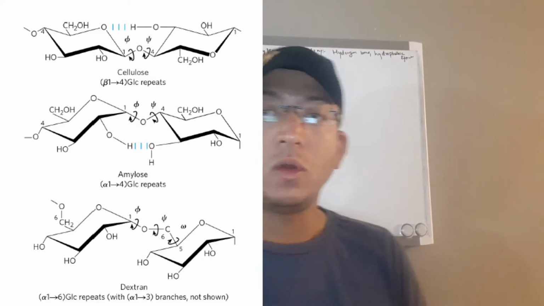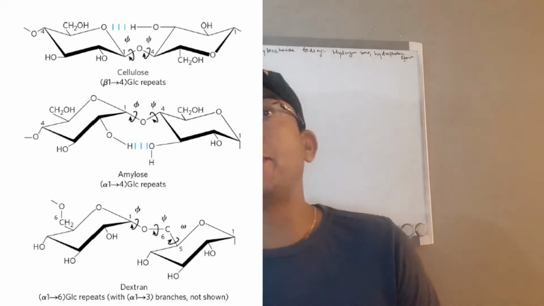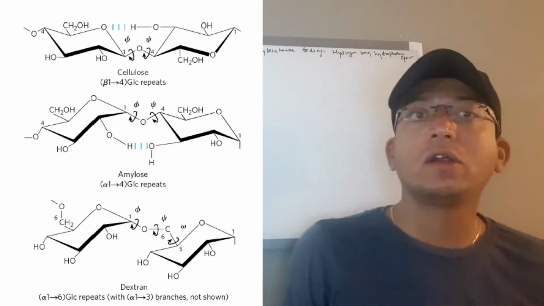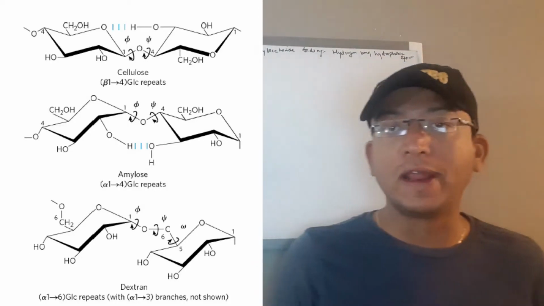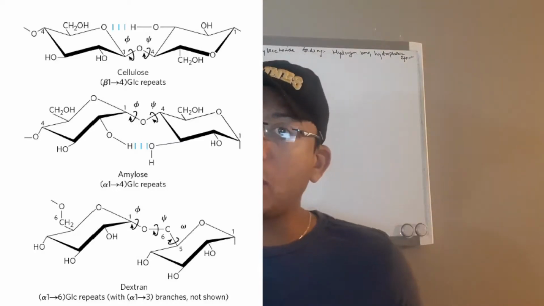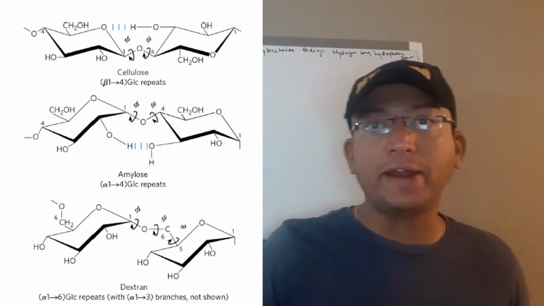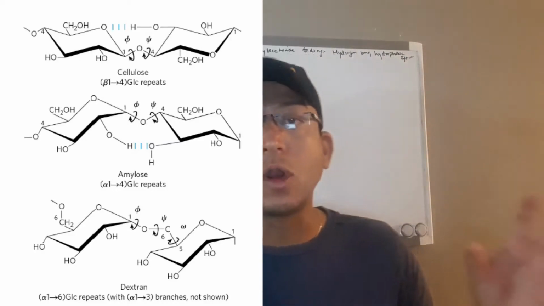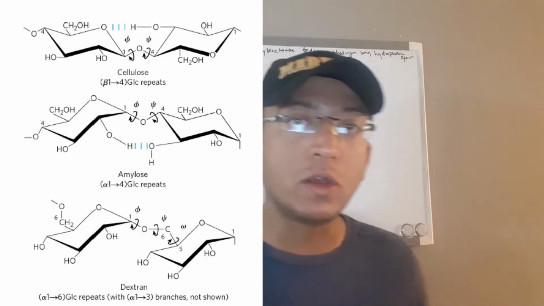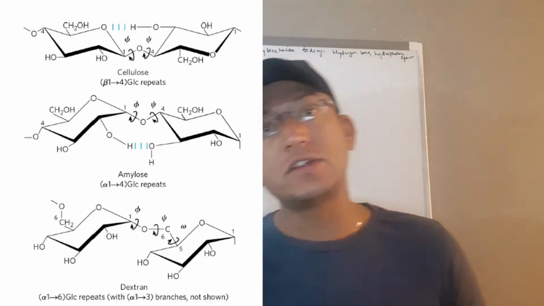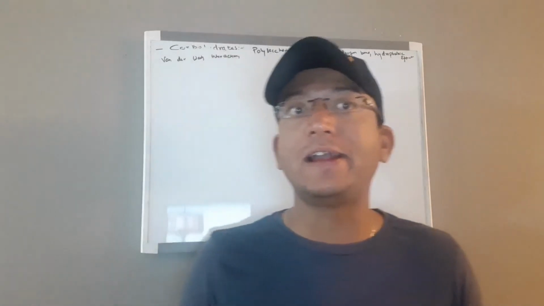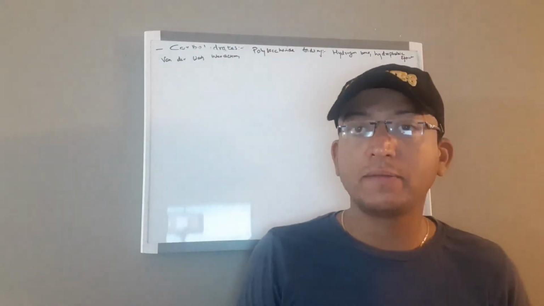The most stable three-dimensional structure for the alpha 1 to 4 linked chain, from carbon 1 to the 4th carbon of the adjacent glucose, that is starch and glycogen, is a tightly coiled helix.